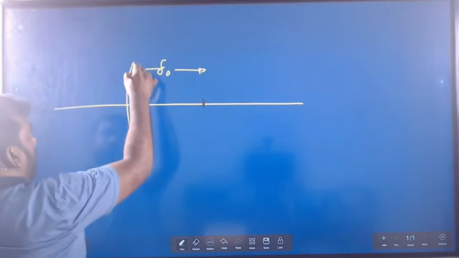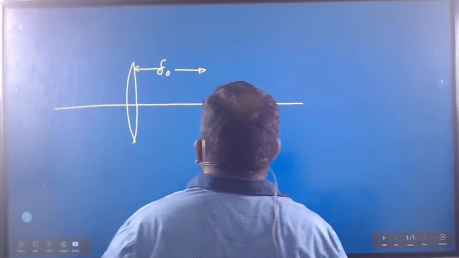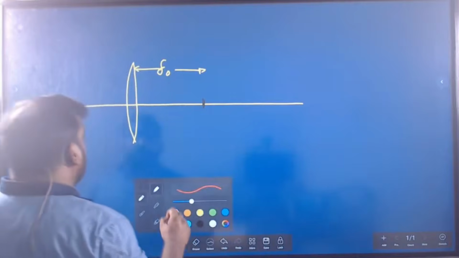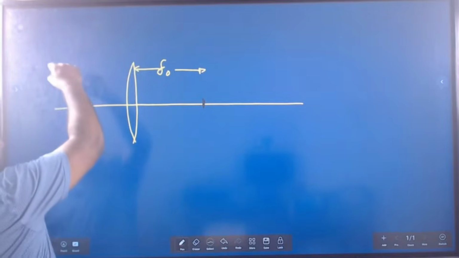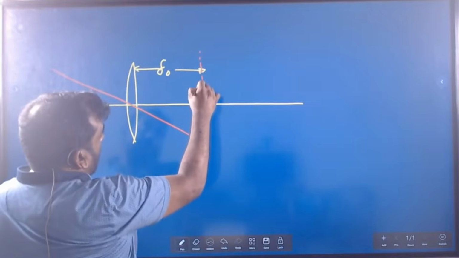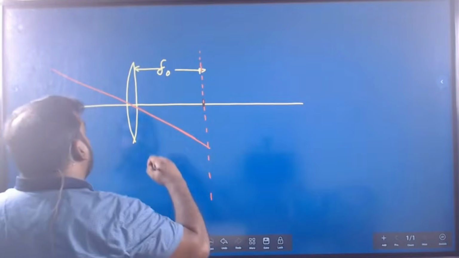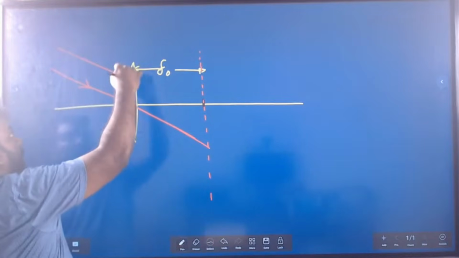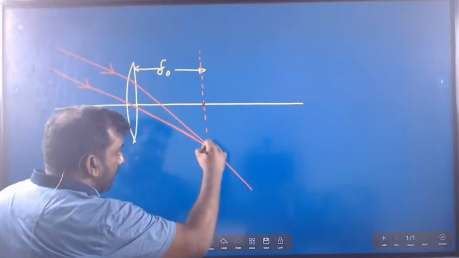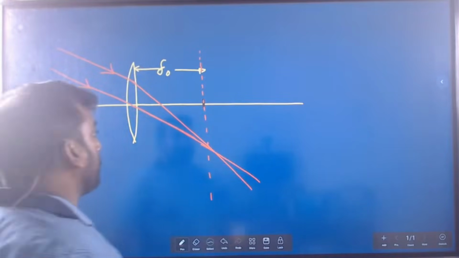So light rays coming from infinity will converge on the focal plane.